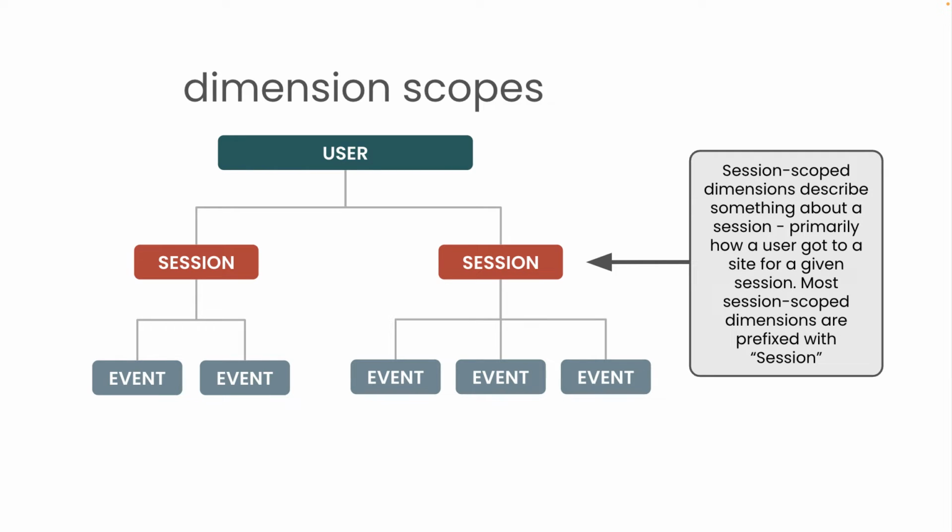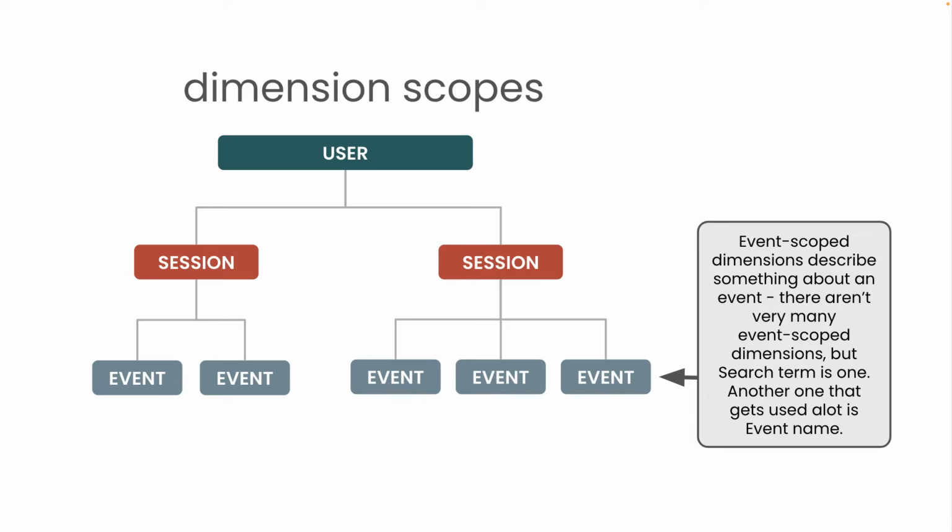Similarly, session scope dimensions describe something about a session, and the main category of session scope dimensions also describe how a user got to a website for a given session. So the equivalent of first user source medium is session source medium. Many session scope dimensions are prefixed with session. One worth mentioning is landing page, which is session scoped and is not prefixed with session, but most session scope dimensions are.